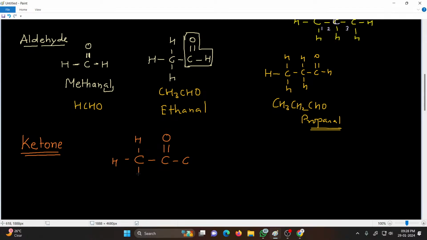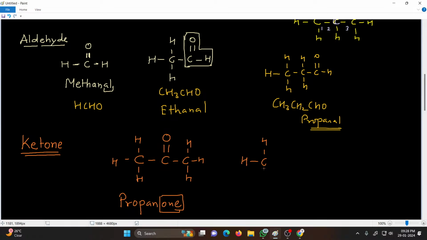So for a ketone, carbon oxygen double bond is present in the middle of the chain. So here we name this as propanone. Again the suffix is ONE, propanone.